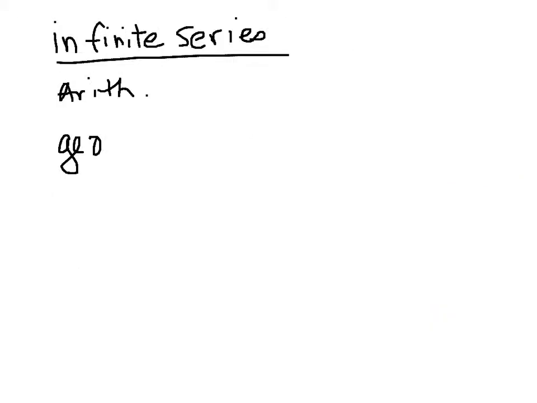So we can consider an infinite sequence, and similarly we can consider an infinite series. Now you should understand that the only way that an infinite arithmetic series will ever converge is if it's just this. Anything else will diverge.